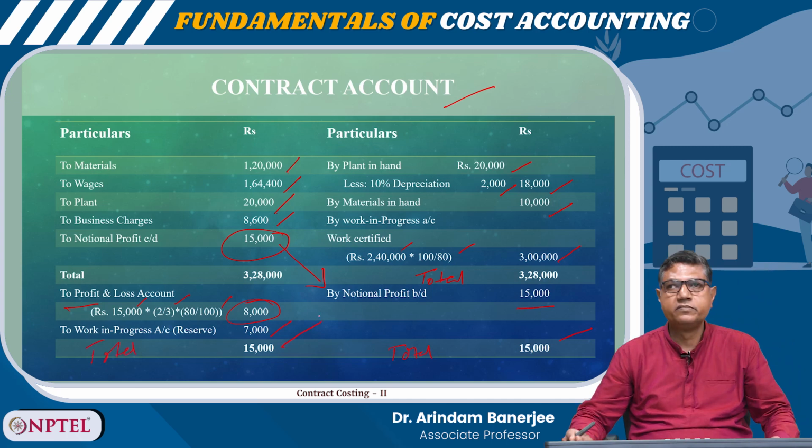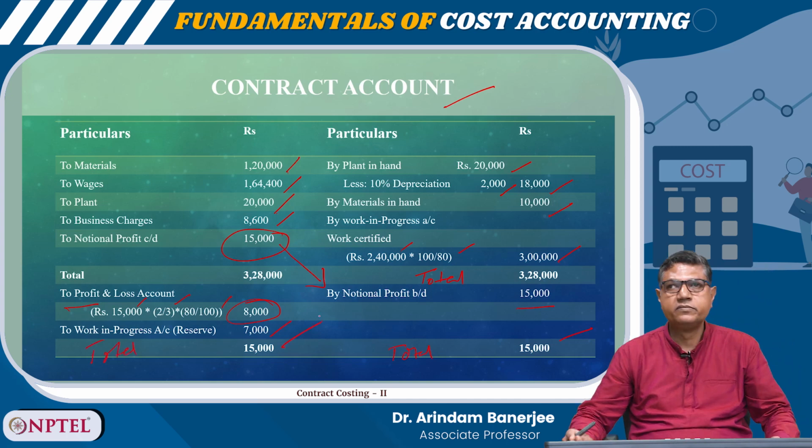So, 2/3 into notional profit of 30,000 into cash received 1,68,000, which is given, divided by work certified 2,10,000 is equal to rupees 16,000. So, these are the 6 methods using which the profit to be transferred to the profit and loss account may be calculated.